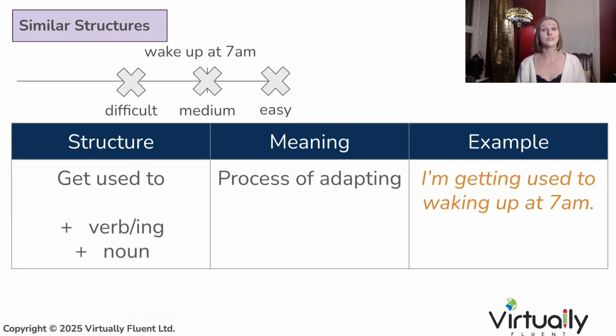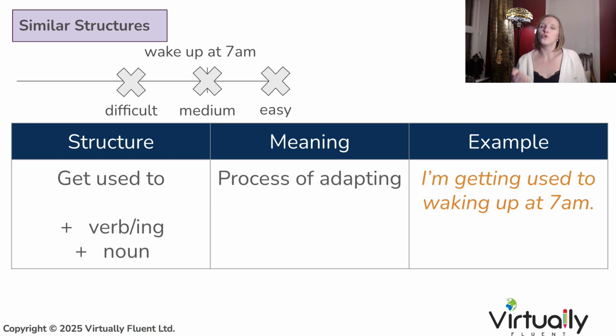And the final structure is get used to. This is quite similar to be used to because the verb to get is the part that is conjugated and the used to structure doesn't change. It's also followed by the verb in the ing form or by a noun, but the meaning is a little bit different because get is the process of adapting.